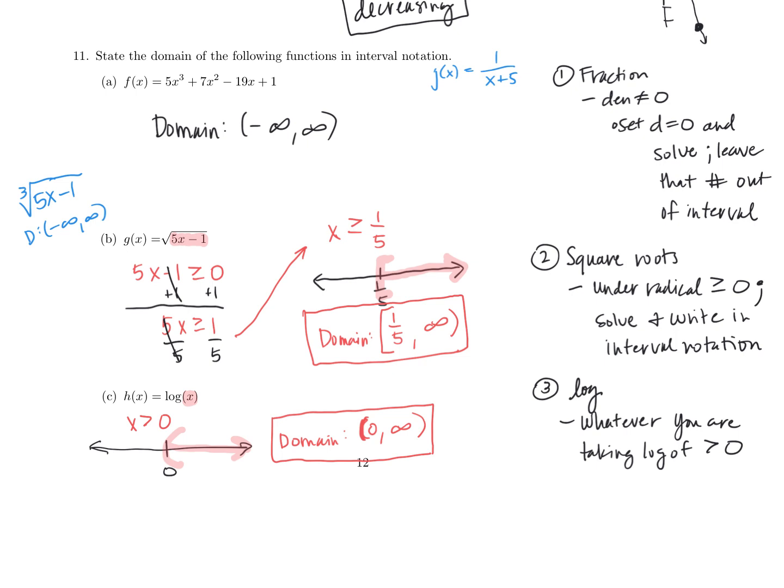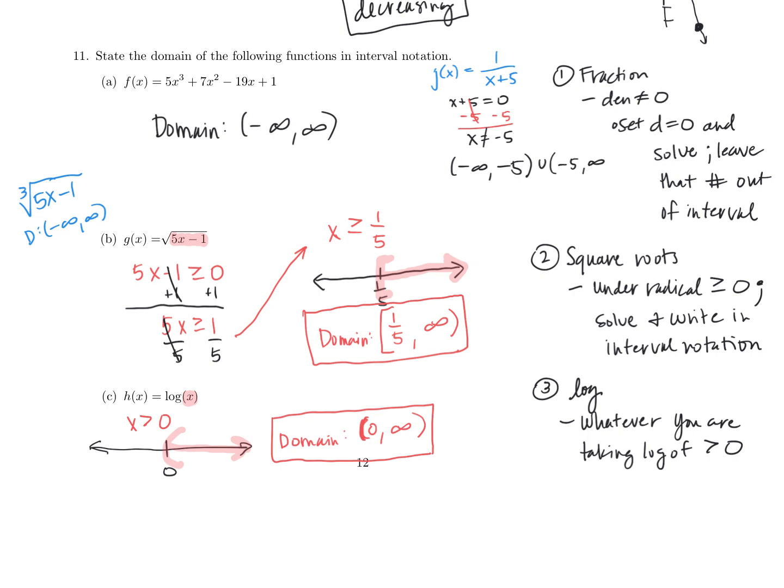So here, this is a fraction. So you want to set the denominator equal to 0 and solve. So you would subtract 5 from both sides. You would get x equals negative 5. Remember, this is what x cannot be. So x can be everything except negative 5. So that means it goes from negative infinity to negative 5 with parentheses because you don't want to include negative 5.